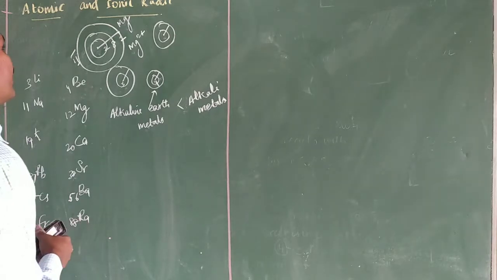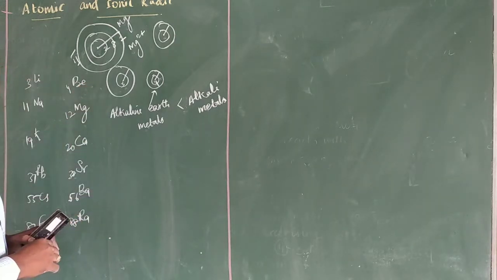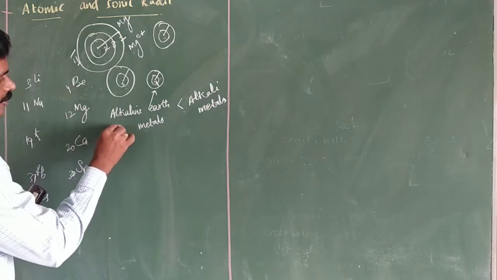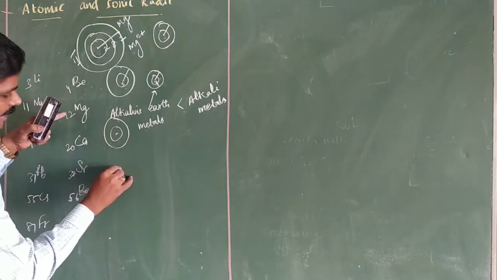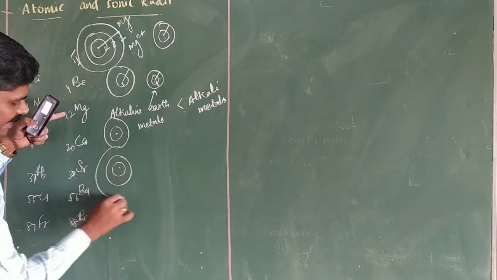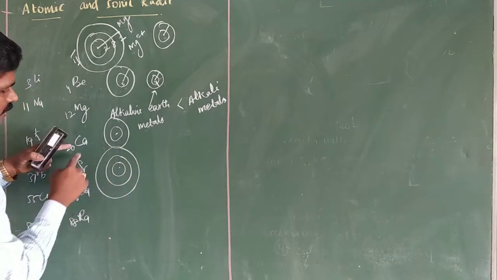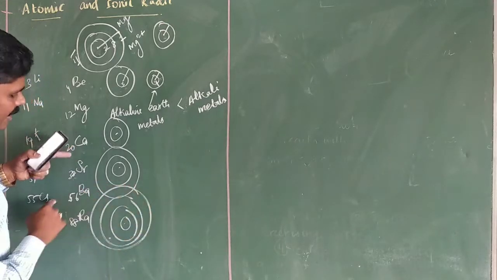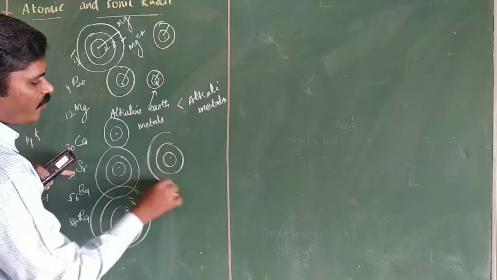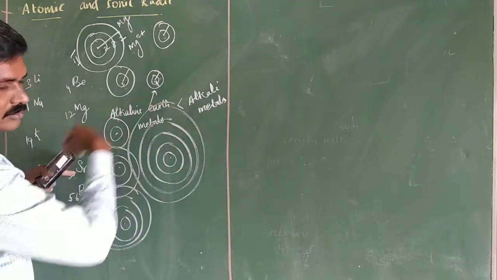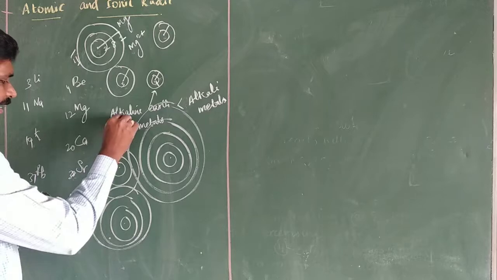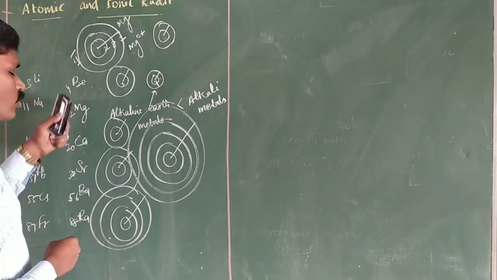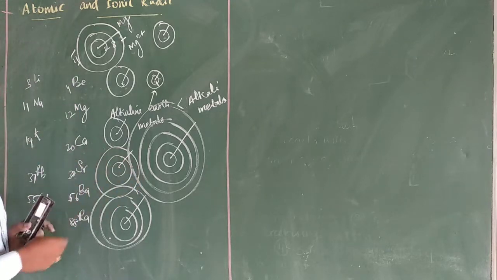Going from top to bottom, beryllium contains 2 shells, magnesium contains 3 shells, calcium contains 4 shells, and strontium contains 5 shells. So the atomic and ionic radii increase from top to bottom in the group.